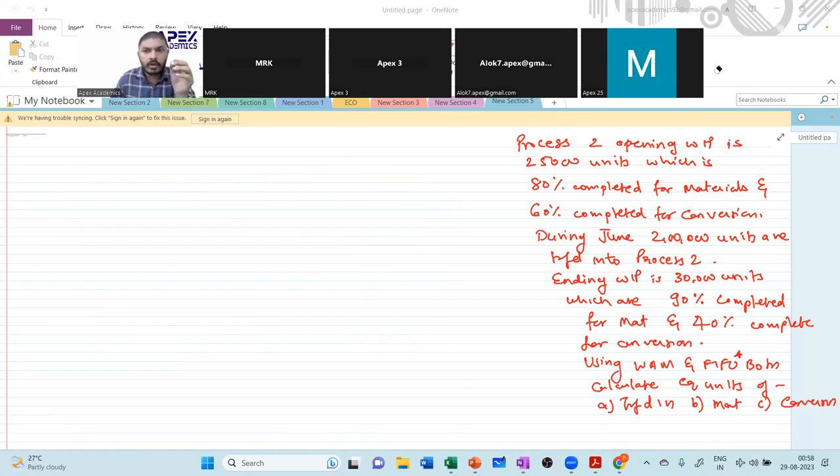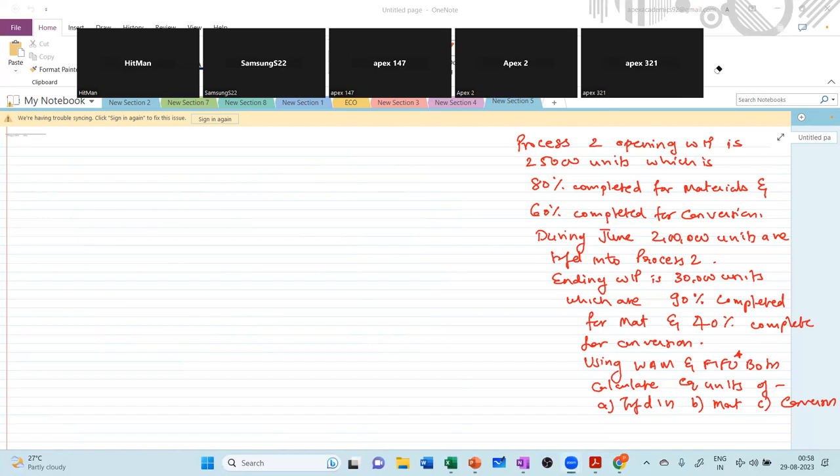Maruf, Monica, Hitman, Navya. Who is 147? I don't know. Apex 2, I forgot who is Apex 2. 321 is Initio. Eiffel Tower is Asif. Redmi Pro is our Rachita. 234 I forgot.